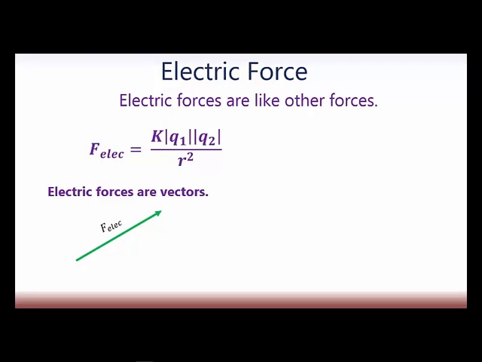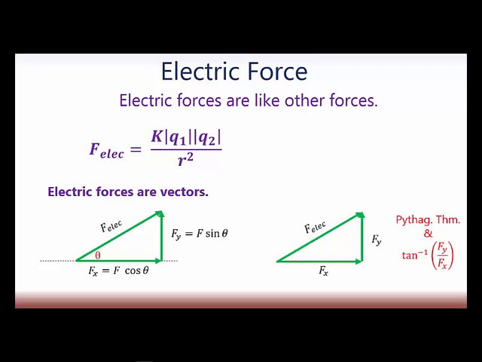In other words, if I have a force that is being directed at a certain angle theta, then I can find the horizontal and vertical components of the force by using trigonometry. Likewise, I can add a horizontal and a vertical force together by using the Pythagorean theorem and inverse tangent.